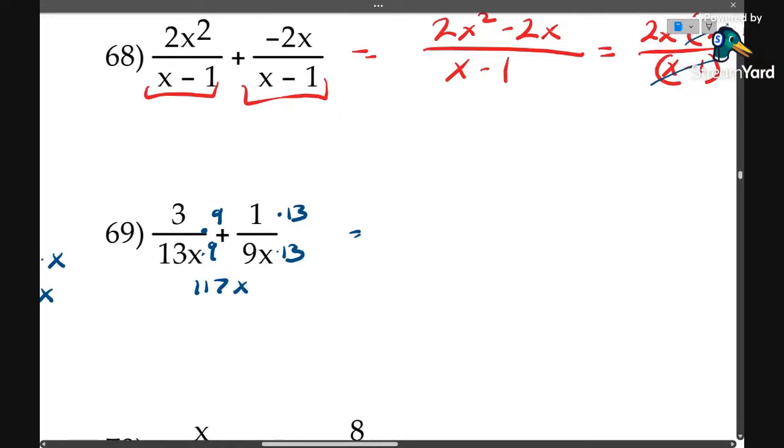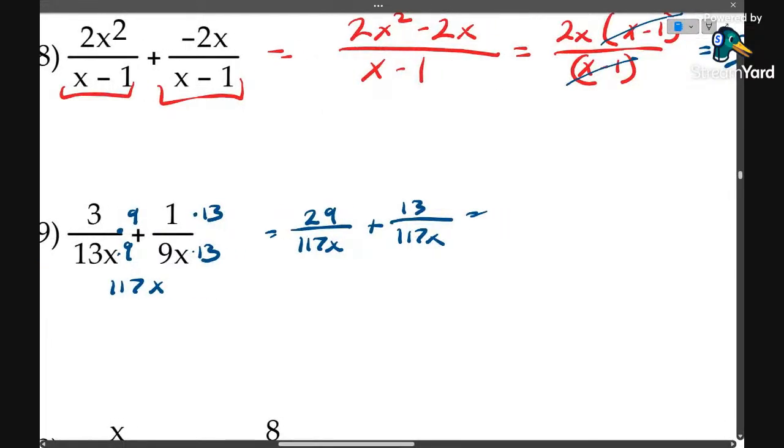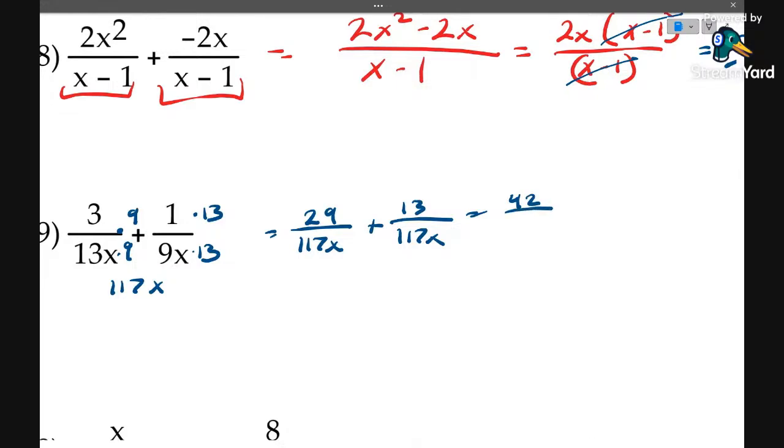So we will have 27 over 117x plus 13 over 117x. And we add those numerators together, gives us 42 over 117x. We want to look to see, can we simplify? Do we have any common factors?